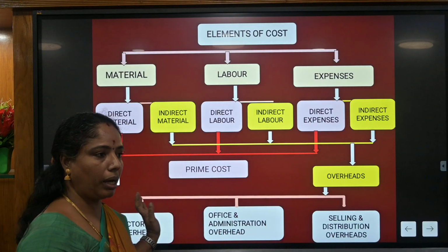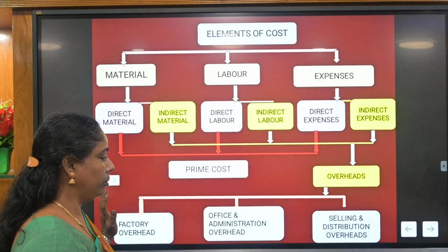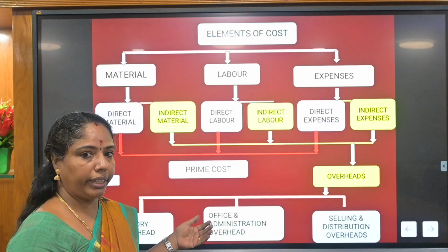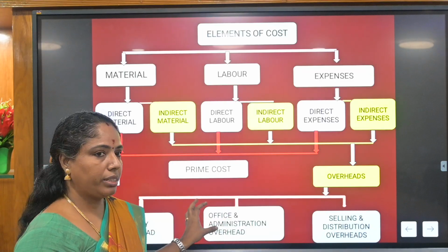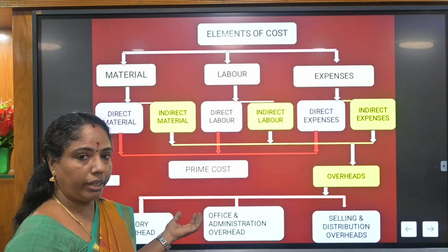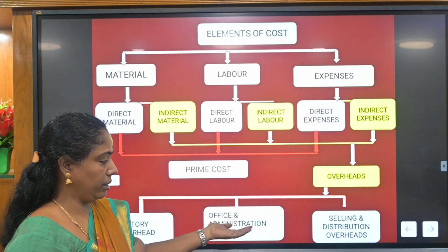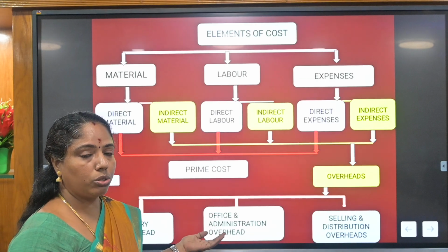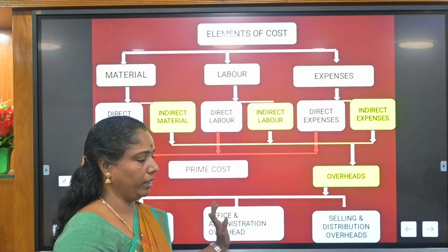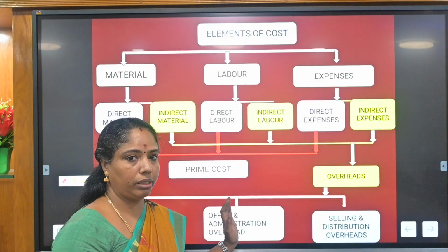Next, after completing the work in the factory, we transfer things to office and administration for taking orders and so on. The expenses incurred in office and administration come under this category. This is known as cost of production. And then selling and distribution. After completing all this work, we have to sell the product.